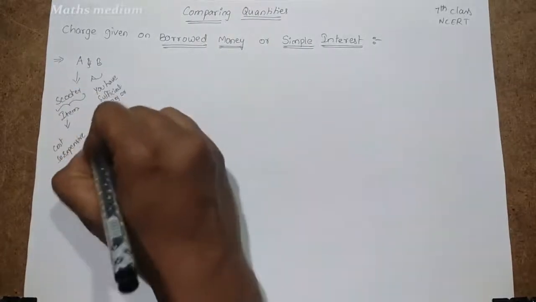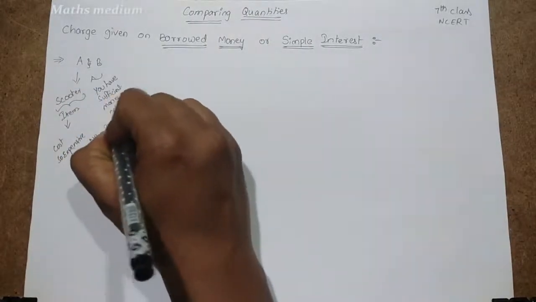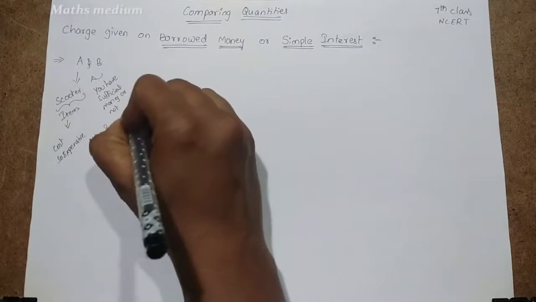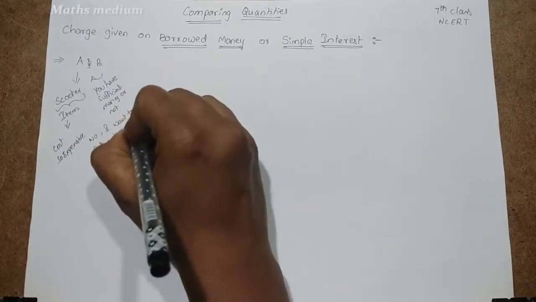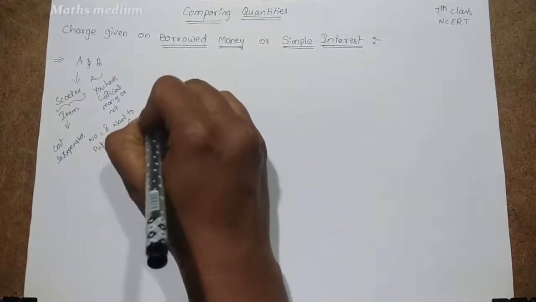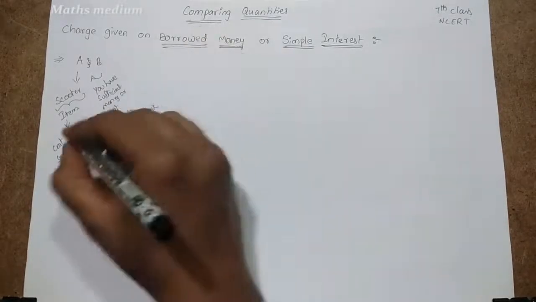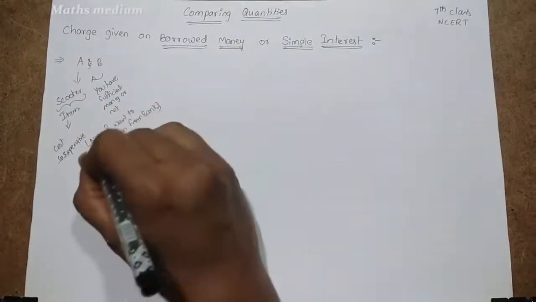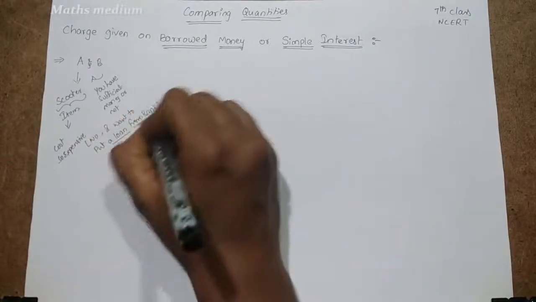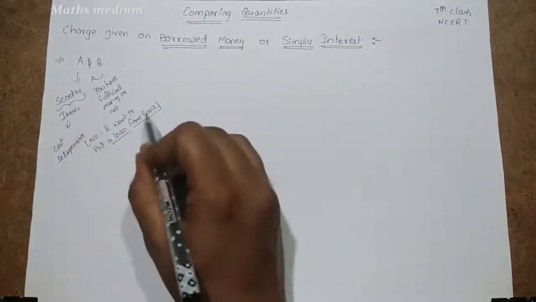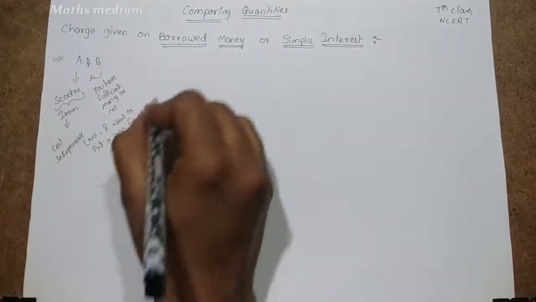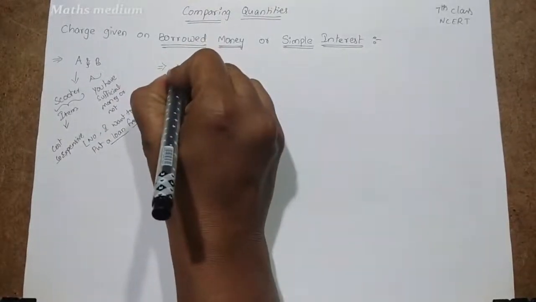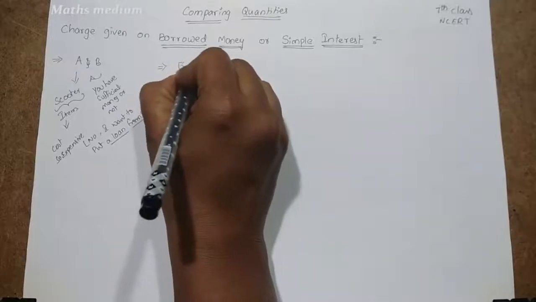A said, no, I want to take a loan from a bank or any person. Let it be X also. So here, a loan from the bank. See this line. What is a loan from a bank? For example, if you take this as a bank.